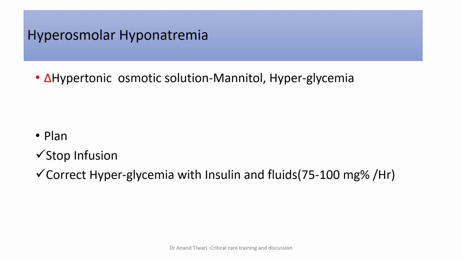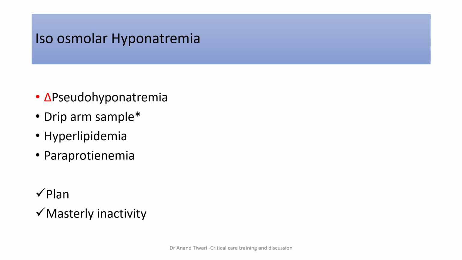If there is hyperosmolar hyponatremia, the agent which is causing the hyperosmolarity, like hyperglycemia and mannitol, which causes pseudo hyponatremia, in such a situation you have to bring down the sugar by 75 to 100 milligram per hour with use of insulin, or you can stop the mannitol infusion and treat this hyperosmolar hyponatremia, where the osmolarity is high and sodium is low.